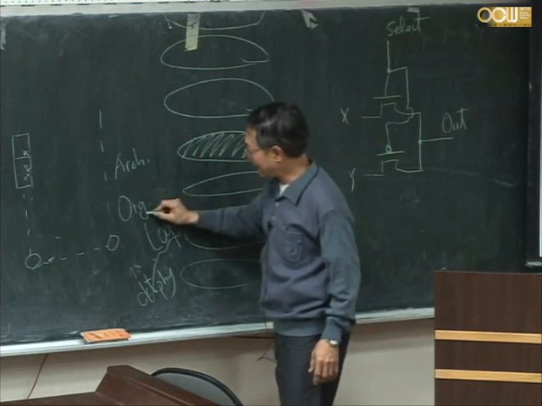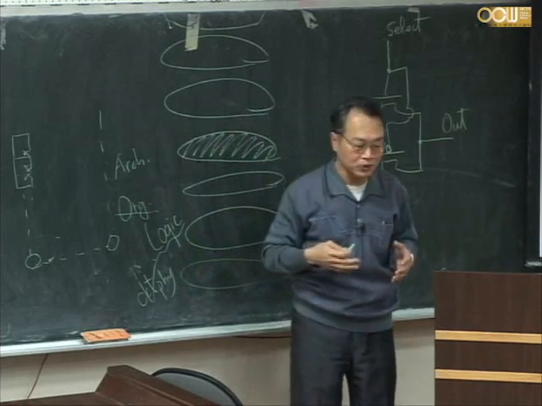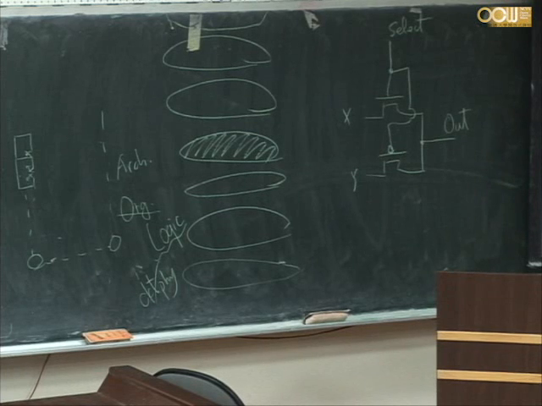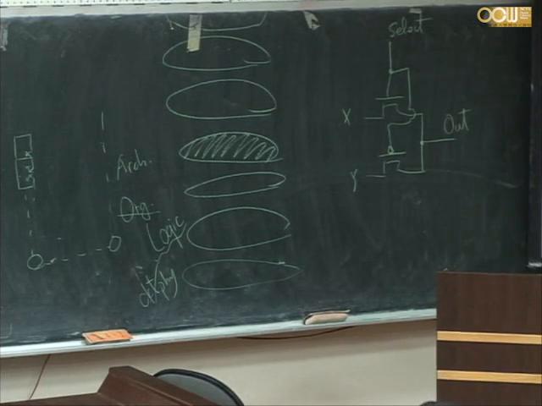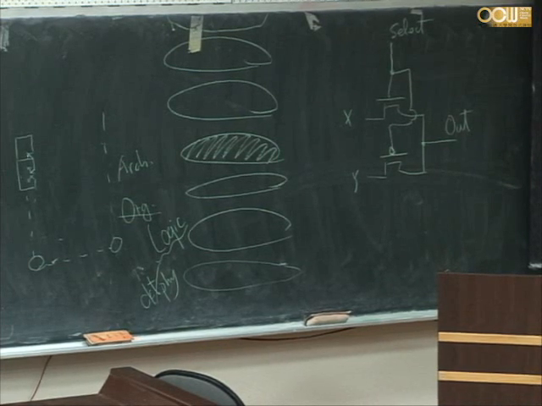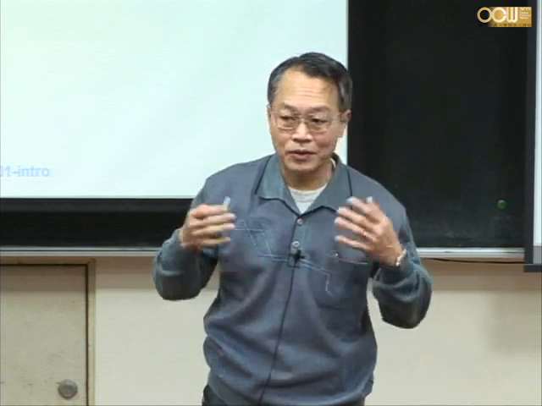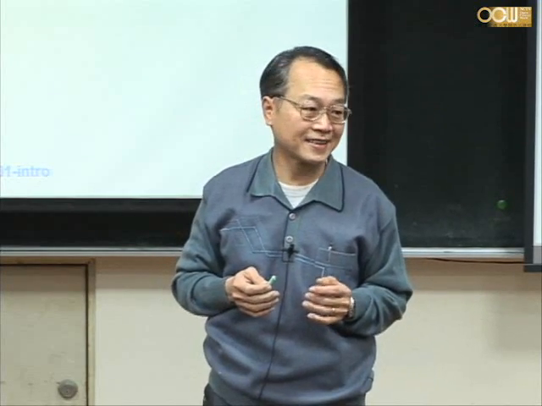The organization level has a lot to do with reality, how it can actually be built. But the architectural level has something to do with art. How do we want it to look? What kind of mood do I want my product to show? Okay? Does that give you a good picture of why we're taking this course?